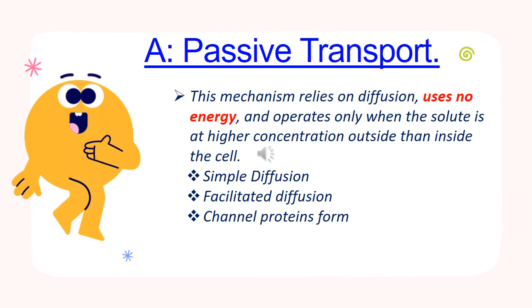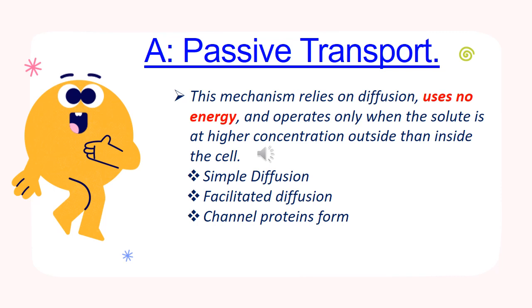The first thing we need to know is passive transport. This mechanism relies on diffusion. It doesn't require energy, and it operates only when the solute is at a higher concentration outside than inside the cell. So basically, your passive transport consists of three mechanisms.